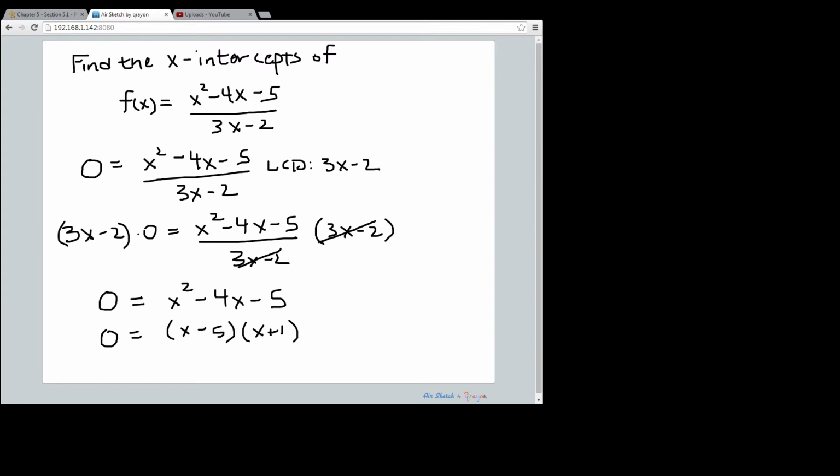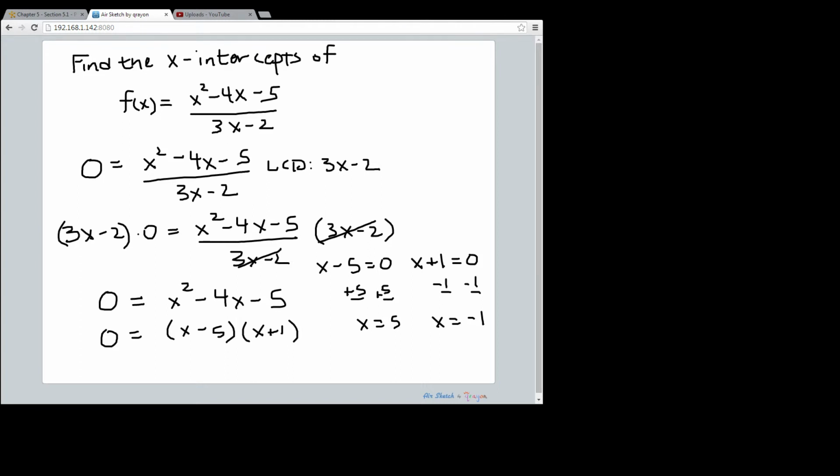So I take each one of those factors and set them equal to 0. And so here I would add 5 to both sides. So I get x equals 5. Here I would subtract 1 from both sides and get negative 1.